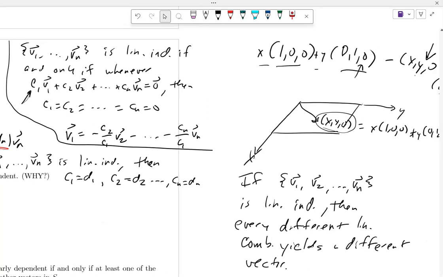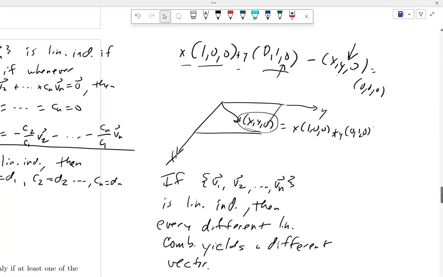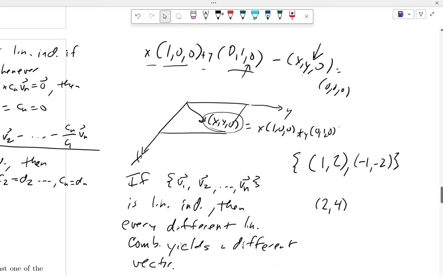Let me give you an example of what I mean if they're not linearly independent. Let's say I have the set (1, 2) and the set (-1, -2). That was the example you said earlier, right? Okay. I could write the vector (2, 4) as what? Can you tell me a way to get (2, 4) out of that?